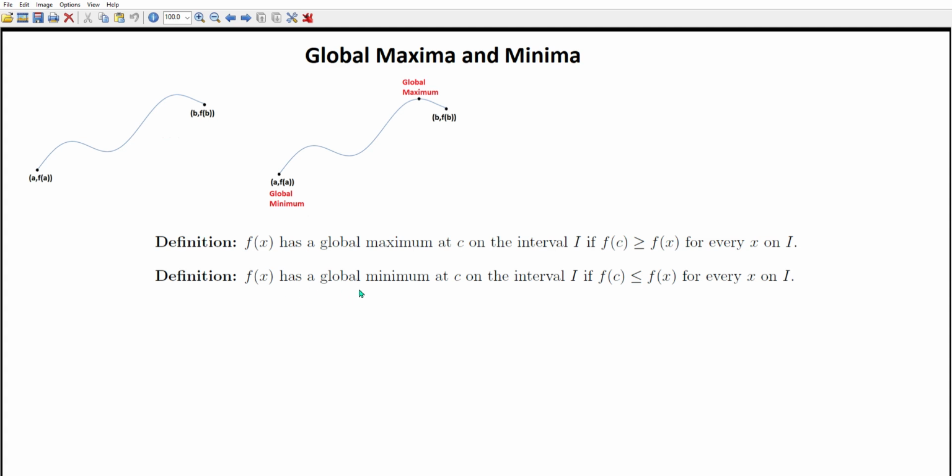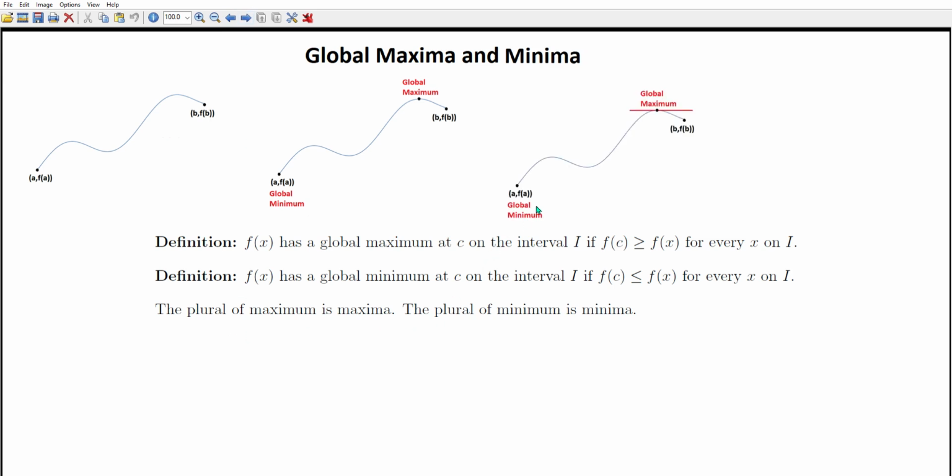And f of x has a global minimum at c if the function value there is less than or equal to every other function value on the interval I. Now, some terminology. The plural of maximum is maxima, and the plural of minimum is minima, and that's why this title is Global Maxima and Minima, because we're talking about several.